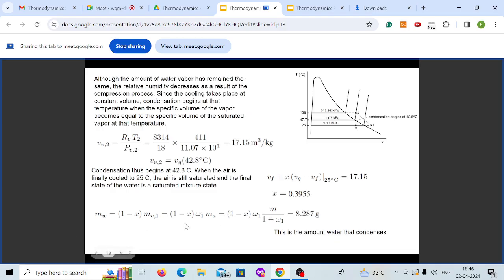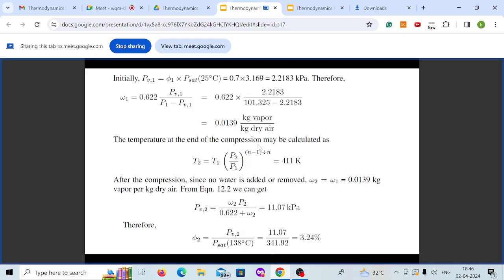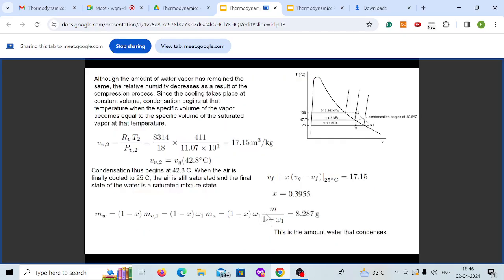We know x, and we know omega 1, which we already calculated. On substituting, we get 8.287 grams. This is the amount of water which has condensed by compressing and then cooling.